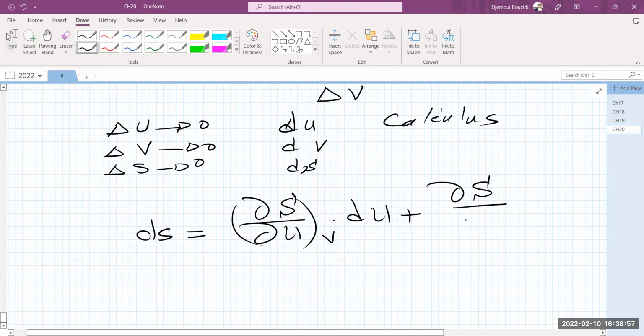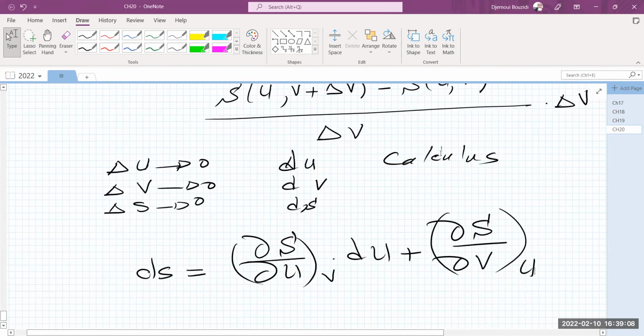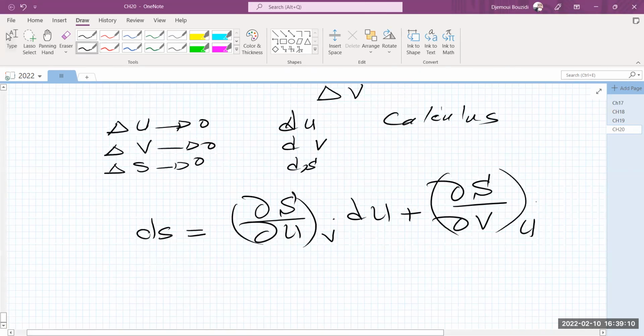So this becomes the partial derivative of s with respect to v, when the variable u is maintained constant, times dv, okay? Do you guys understand this last step or not? This is by definition of the derivative.